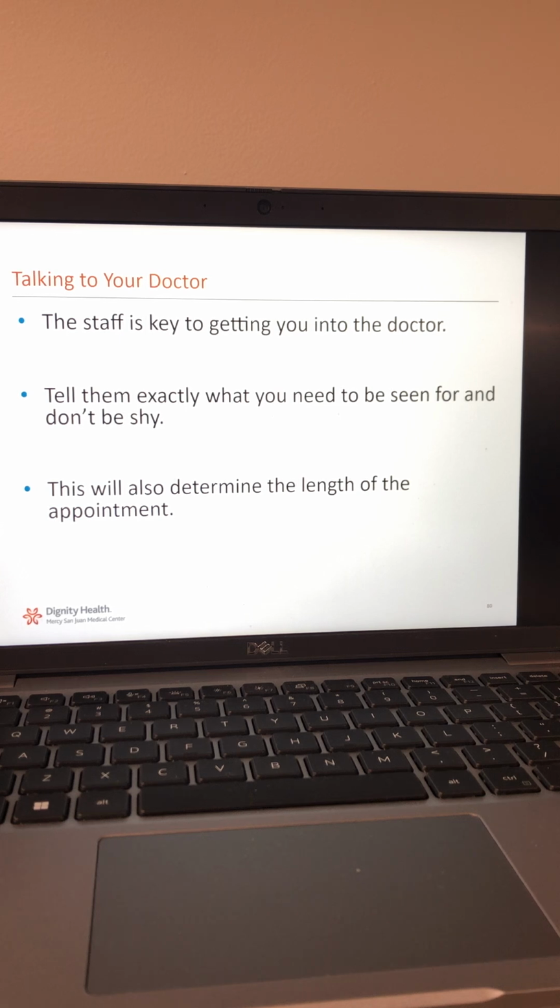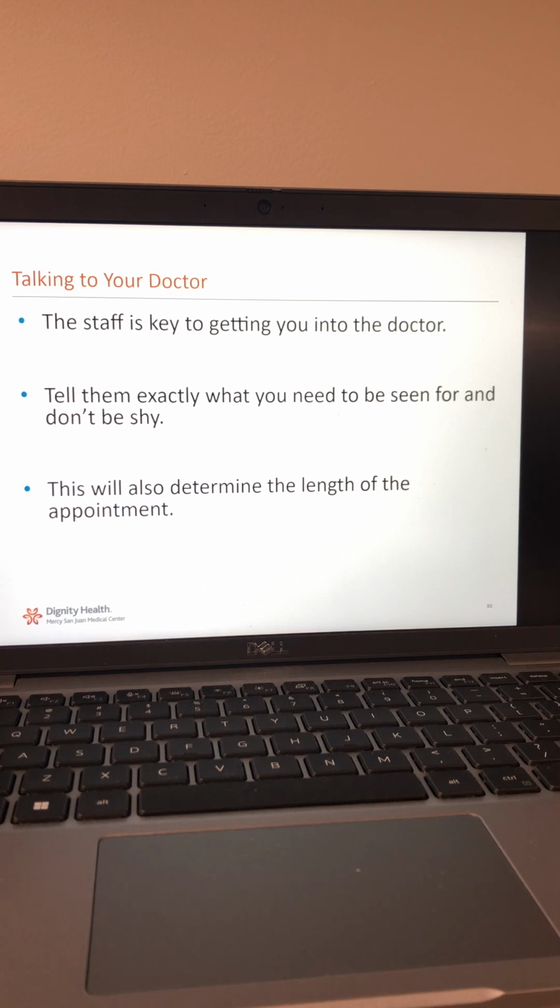If you have a lung infection and you see a pulmonary doctor, call their office first. A lot of them have nurse practitioners and PAs that can offer same-day appointments. Don't be afraid to see a PA or an NP. They're very good. They often end up giving you more time than a doctor would.